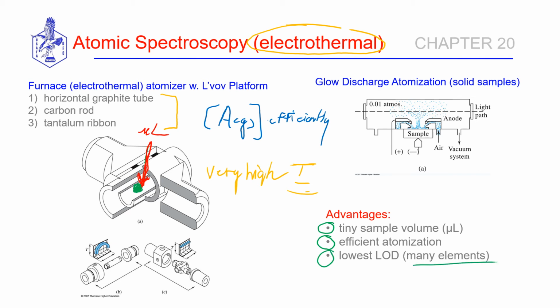In a similar fashion, we can use a technique known as glow discharge in order to analyze solid samples. You just put your solid sample here, and once again, applying a huge electrical potential across two electrodes generates a lot of energy that then gets the solid sample up into the gaseous phase, and it frees each element out and presents it in the ground vapor state.